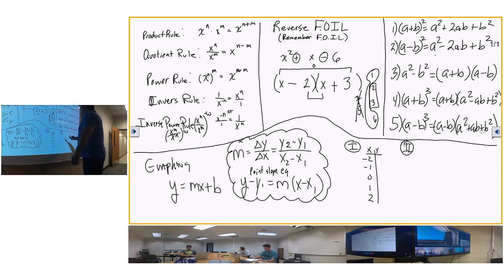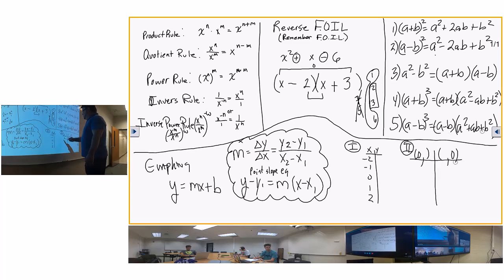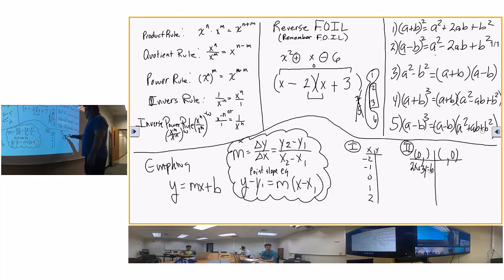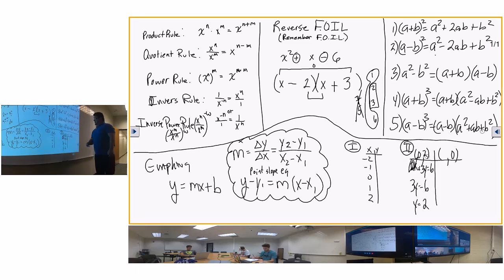For the intercept method, you put x is 0, that's the y-intercept. Y is 0, that's the x-intercept. You plug and chug. So 2x plus 3y is equal to 6. The 0 will x this out, so that leaves 3y is equal to 6, y is equal to 2, and you put that 2 right there.